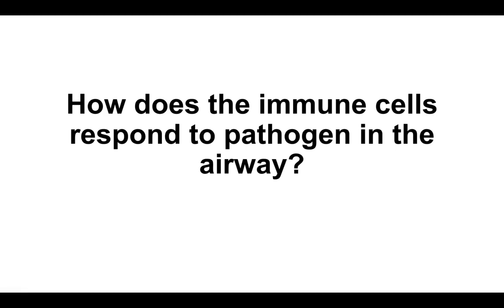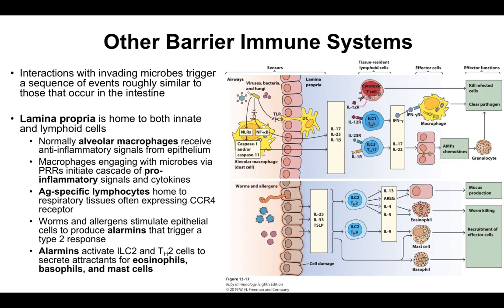How do immune cells respond to pathogens in the airway? So depending on the pathogen, the response may be different. If you have bacteria, fungi, or viruses, they will signal through pattern recognition receptors, and they will promote the production of certain cytokines depending on the pathogen.